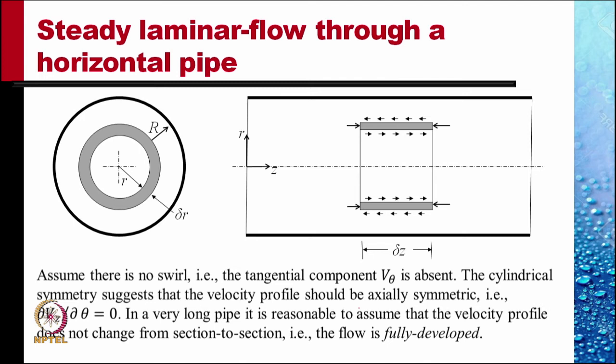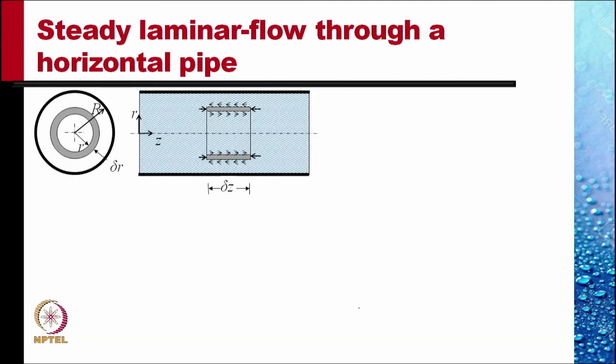And we draw the forces acting on this. There would be pressure forces on the flat faces of the ring at the two ends, and the shear forces on the lateral surfaces of the ring.